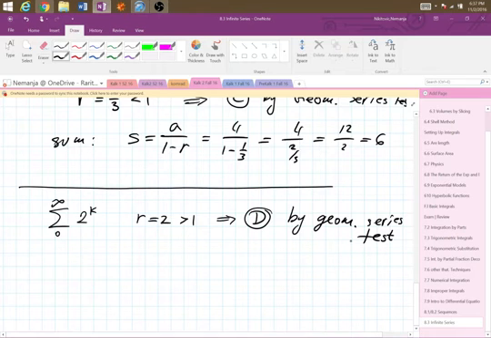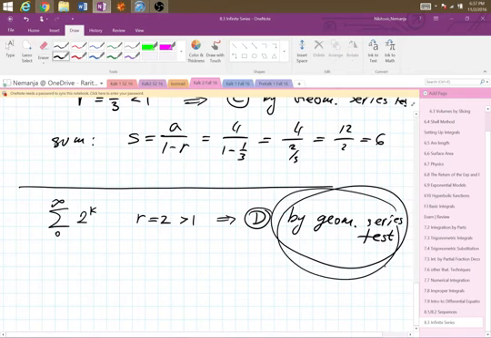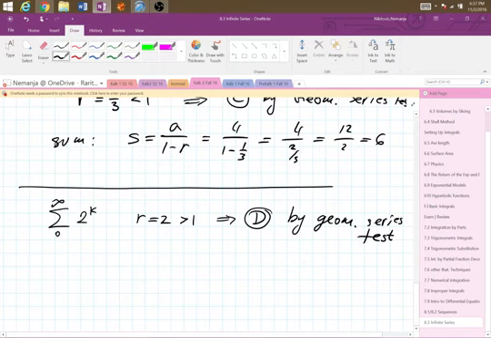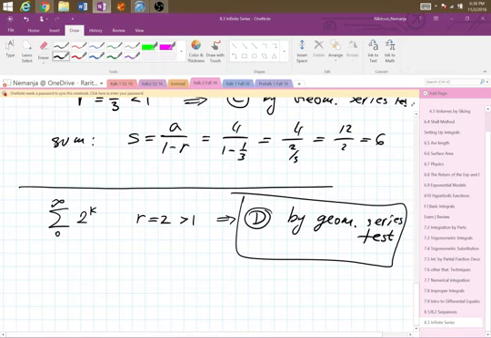You have to get used to writing this because we are going to learn 10 tests. And on the exam, you have a whole bunch of these scattered on a page, and you solve one and you say diverges by integral test, converges by limit comparison test, diverges by divergence test. So you have to state your answer, not just D, your answer is this, the entire thing.